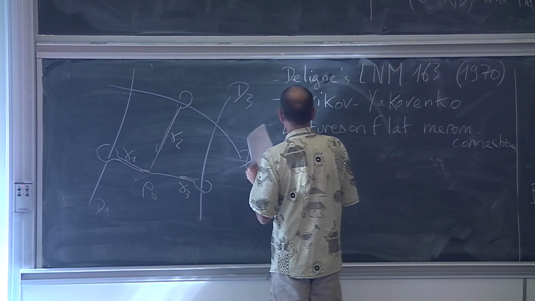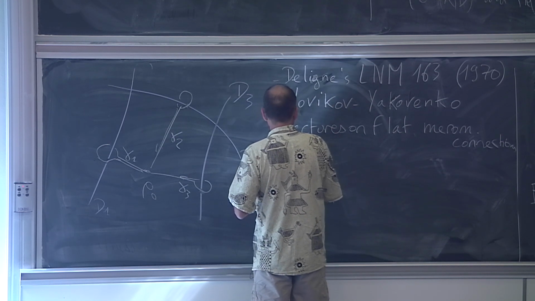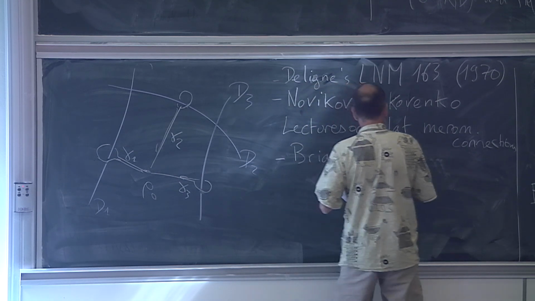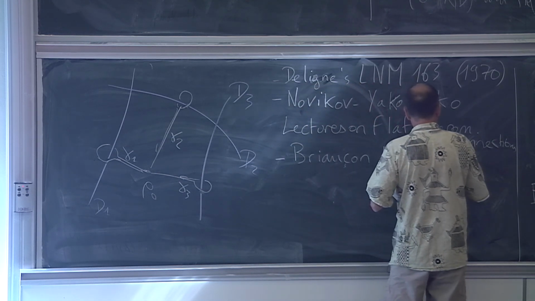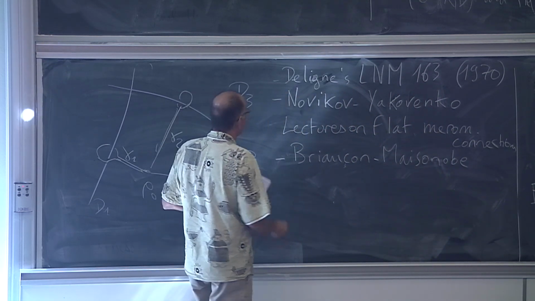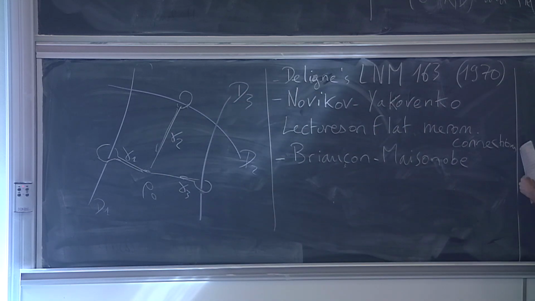And there is also a paper of, I think, Briançon and Maisonobe, which is in French, I think. Okay. So this is a logarithmic Riemann-Hilbert correspondence. And now I would like to introduce the Schlesinger equation.